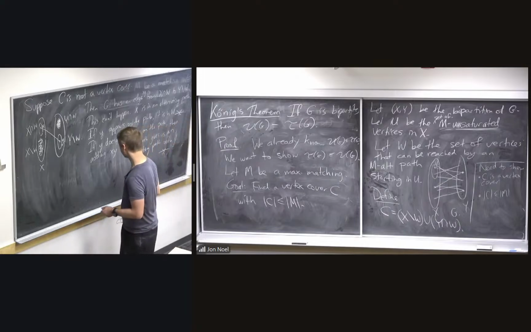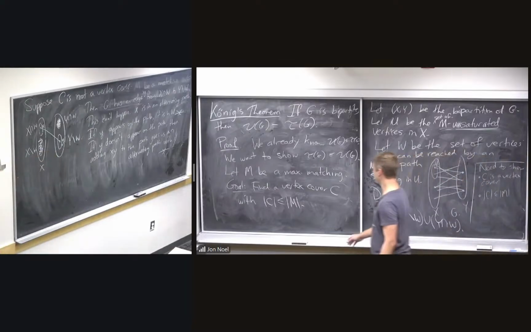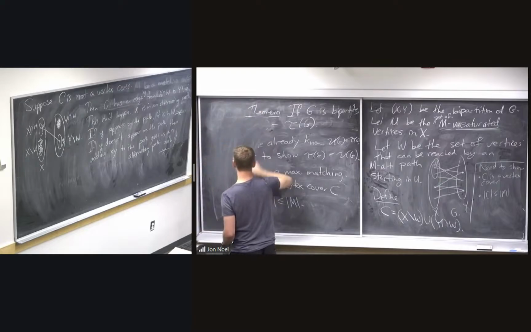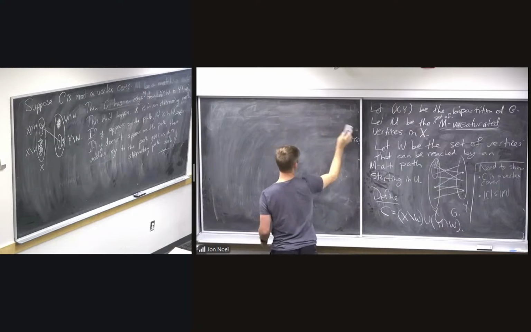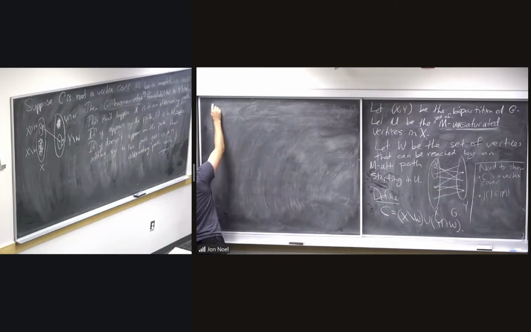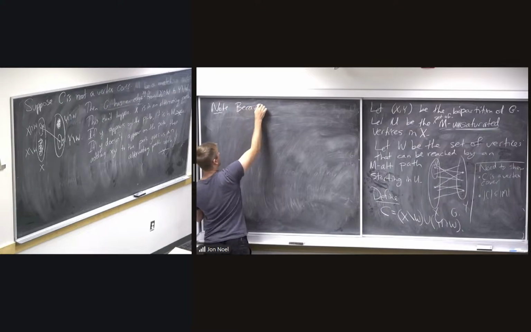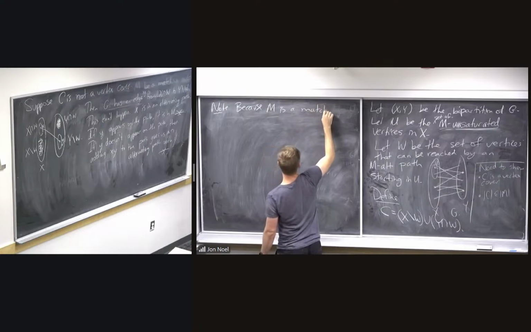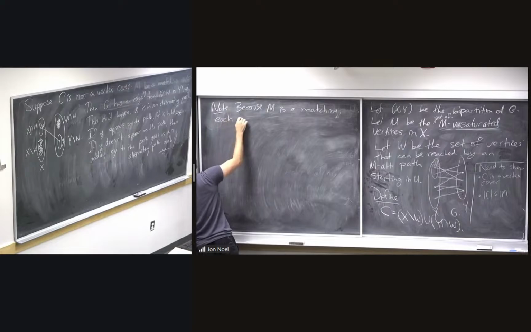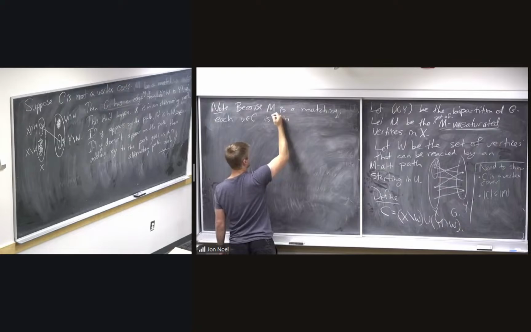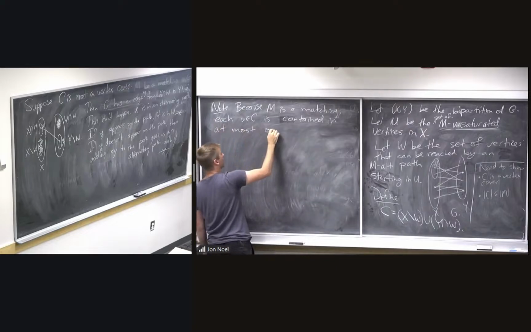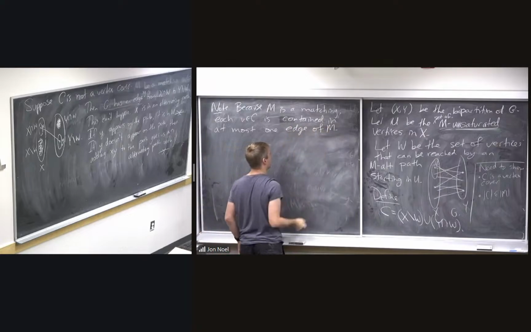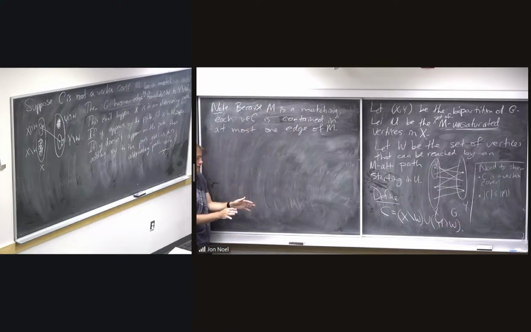Let's prove that it has the right size. Note that because M is a matching, each vertex in C is contained in at most one edge of M. This actually has nothing to do with C. Every vertex in the whole graph is in at most one edge.